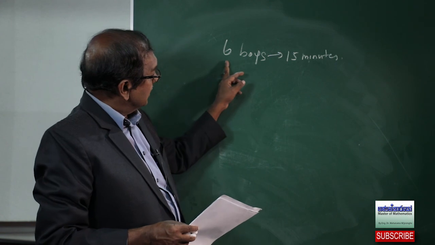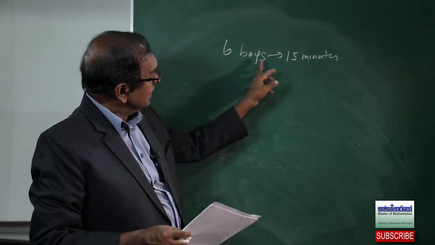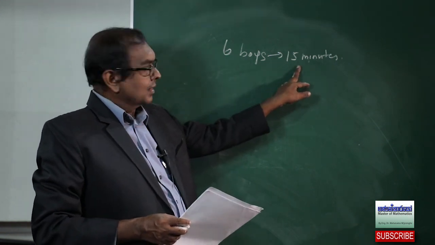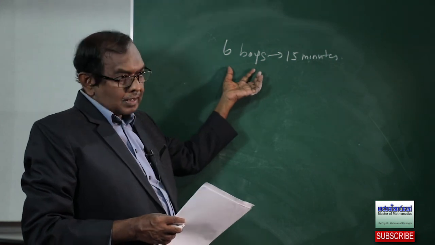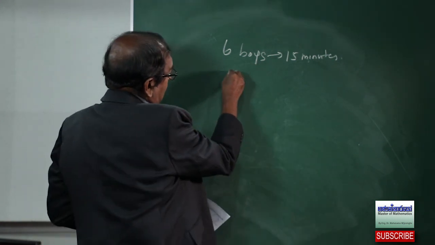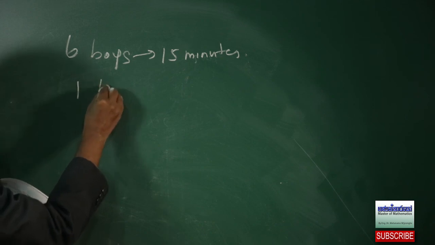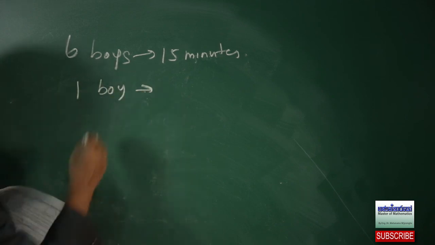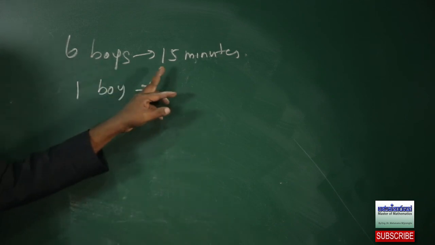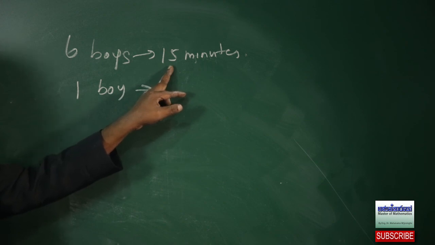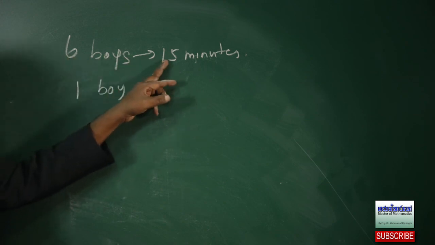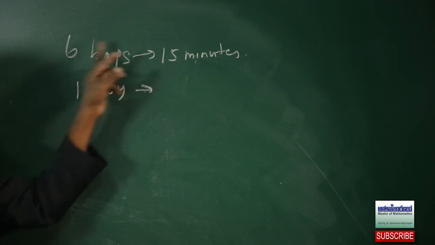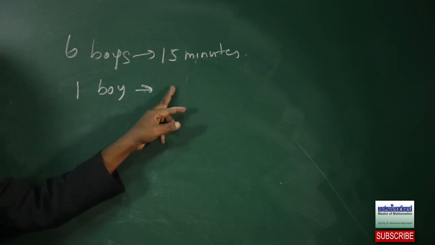Normally in this type of question, for 6 boys 15 minutes. If we take one boy, what is the total time duration? Normally it is multiplication or division. Therefore, 15 into 6 or 15 divided by 6.